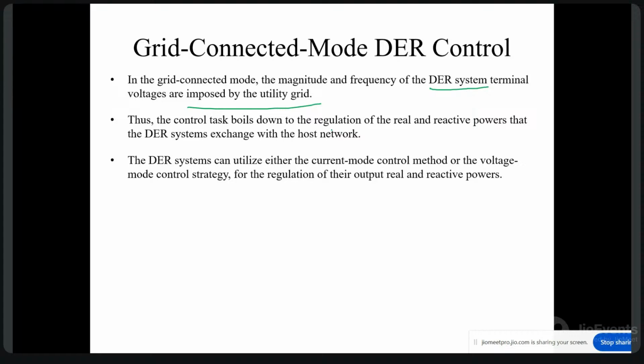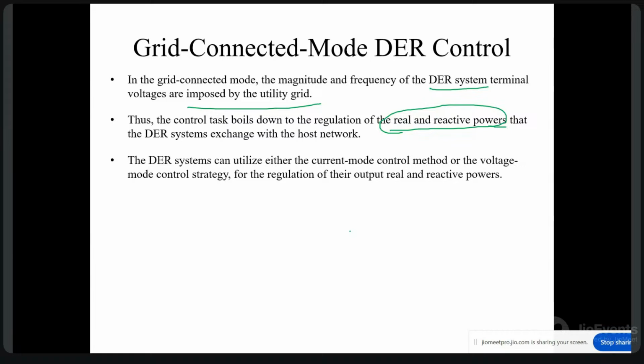Or so to say, our regulation does not allow us to vary the voltage at the interconnection point. So the simple task is that your microgrid is connected to the grid and the voltage and frequency are already fixed by the grid. In such a case, at the most, what can we do? We can control, or we need to control, the powers, that is real and reactive powers.